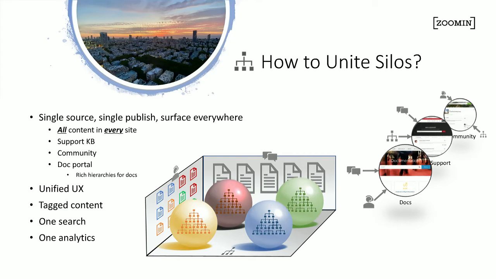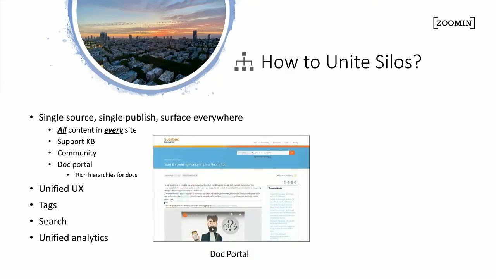And then you'd be able to have your content tagged across the board, all of the different types of content. You'd have a single search to rule them all, and one analytics to be able to find out what kind of content people are looking at. You won't have this fragmented user experience, right? It sounds amazing, right? So take for example this page, this topic in the doc portal, okay?